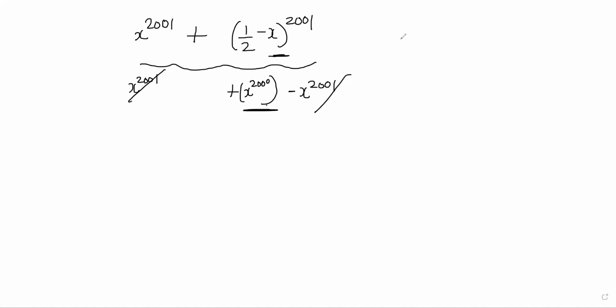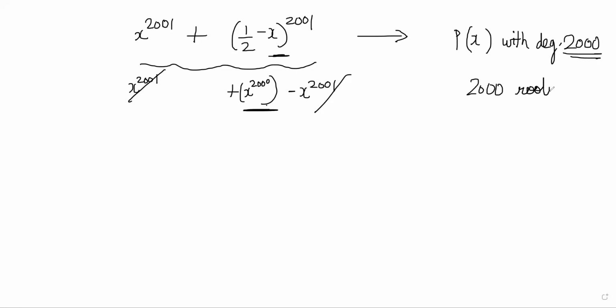So you can immediately say that this is a polynomial P(x) with degree 2000, right? Now there should be 2000 roots to this polynomial.